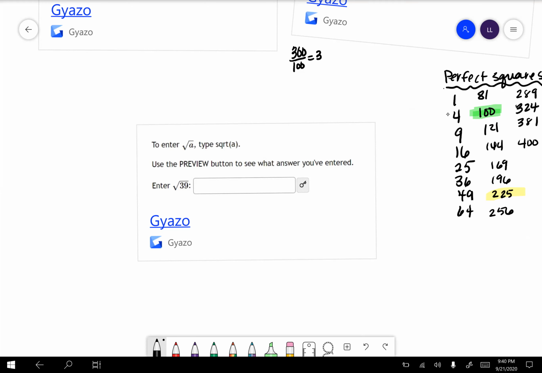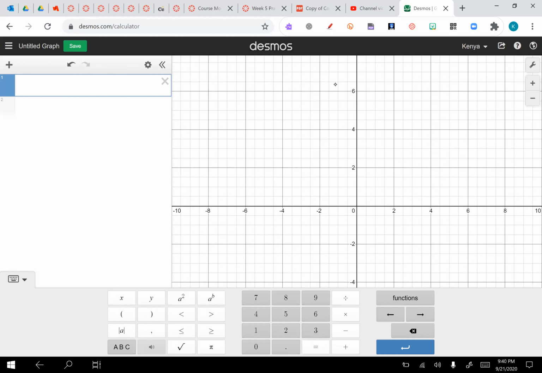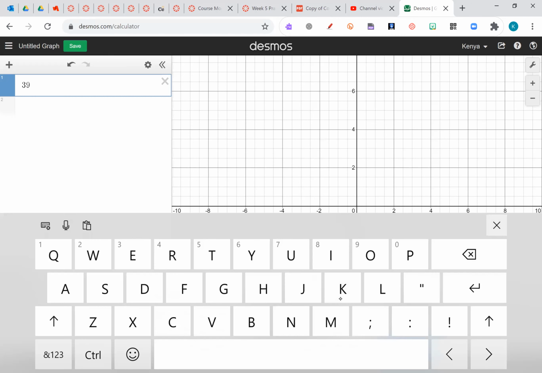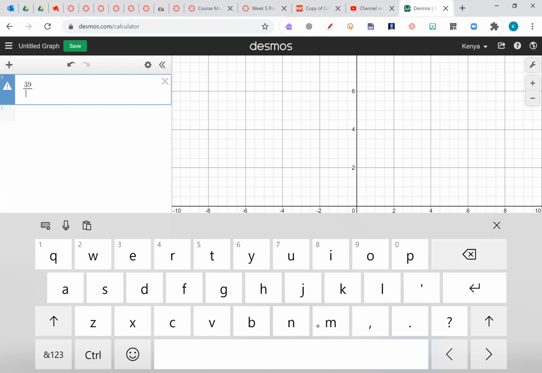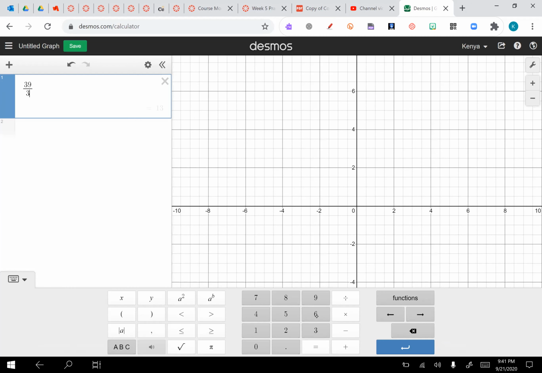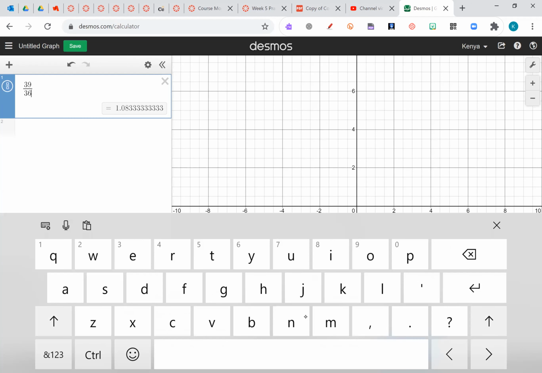And so I need to check to see if 36, 25, 16, 9, 4, and 1 go into 39 evenly, okay? So let's go ahead and go to decimals and try it out. We are going to do 39 divided by 36 to see if that comes out to be a whole number. If it comes out to be a whole number, then we're good to go.